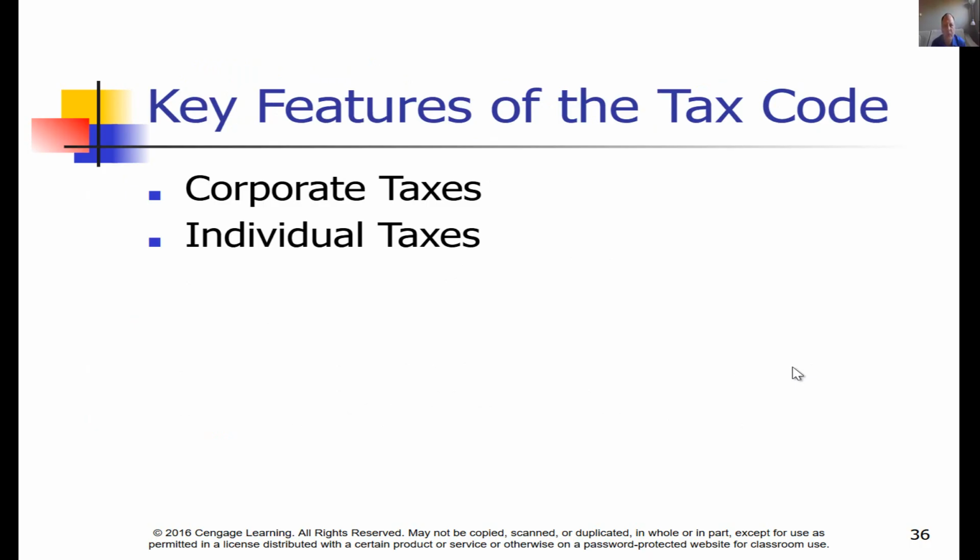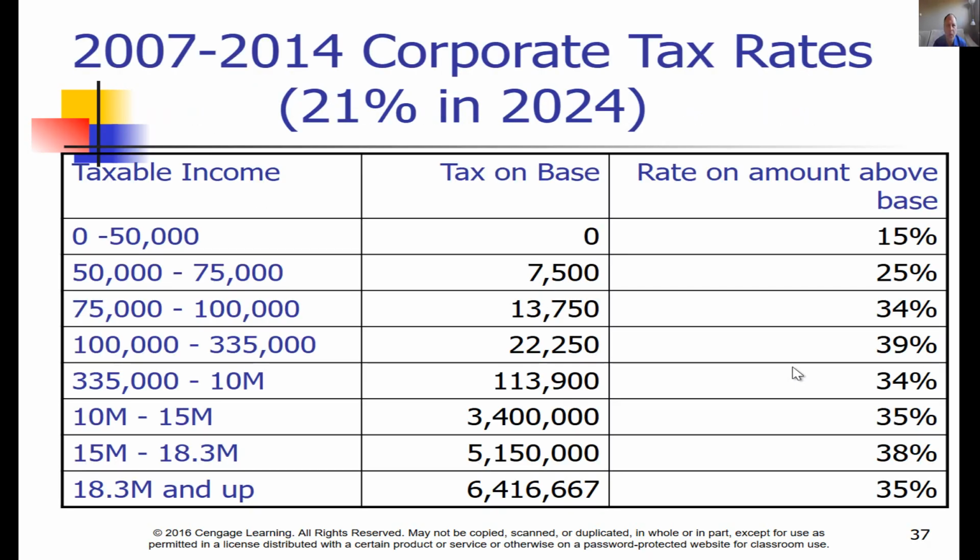Now we will do a brief introduction to the tax code in the United States. I have an entire separate lecture on the history of taxes in the U.S., which is worth watching. Here we will just give a brief summary of both corporate and individual taxes. Donald Trump, in his first term, got the corporate tax rate in the U.S. reduced to a flat rate of 21%.